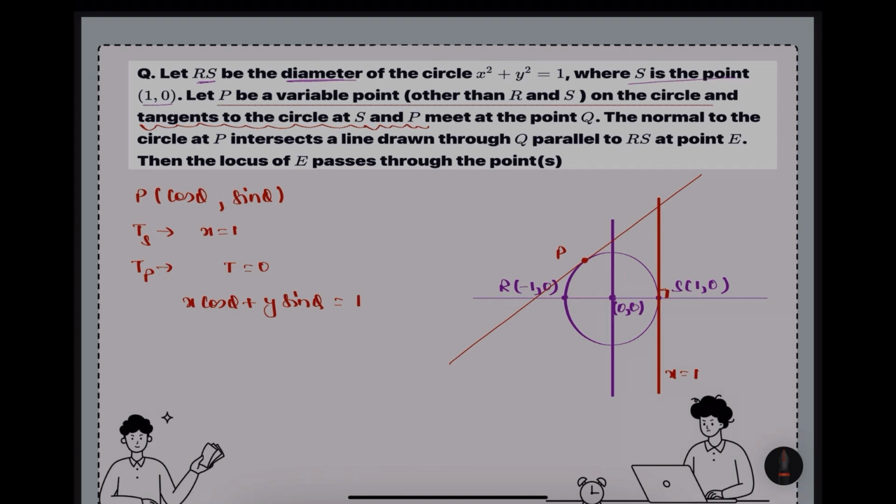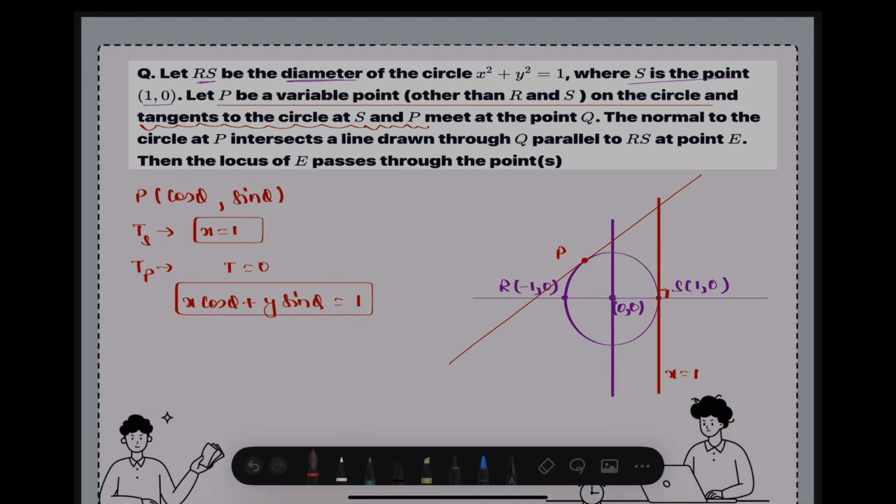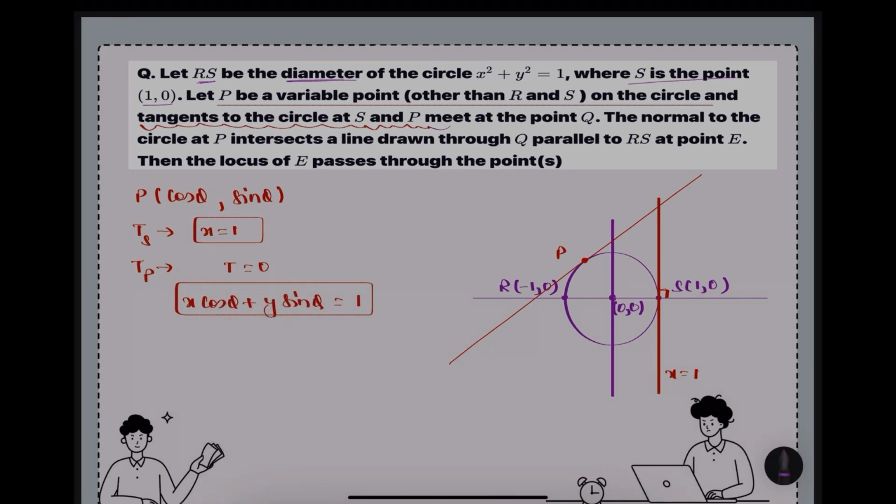So you got your tangent at P. Okay, tangent at S. I hope till this part you guys are okay. Now these two tangents meet at the point Q.